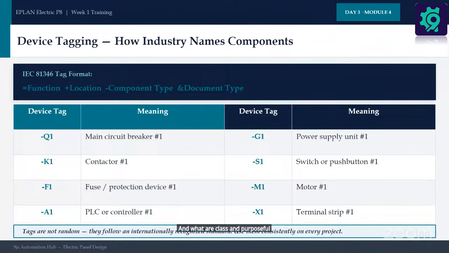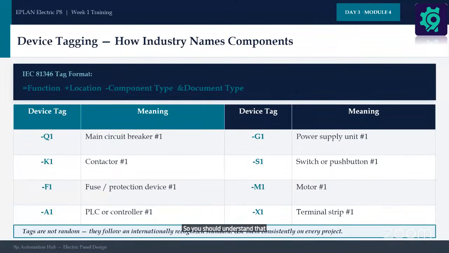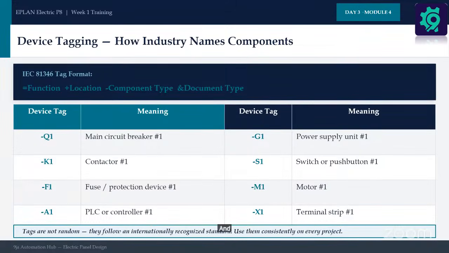Class M is for mechanical movement, and a motor will go under that. So you should understand that classifications are very, very important. If you learn how devices are classified, then you will seriously not have problems while tagging your devices, while tagging your drawing.